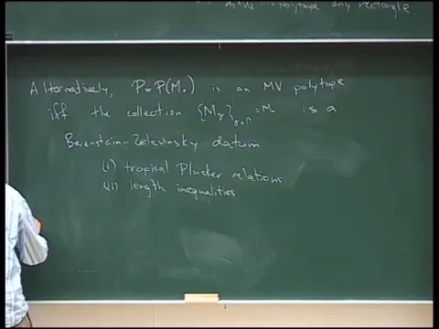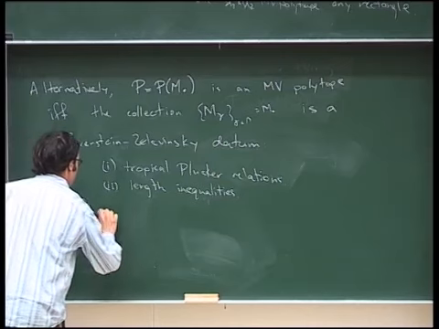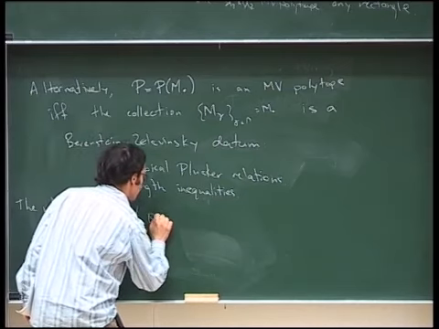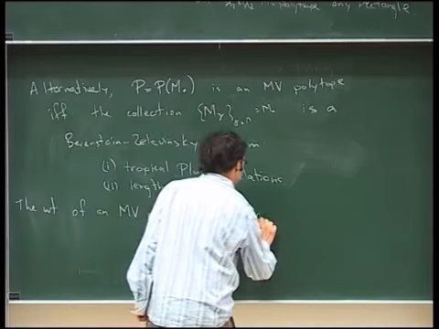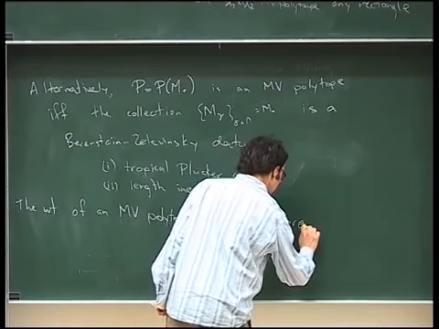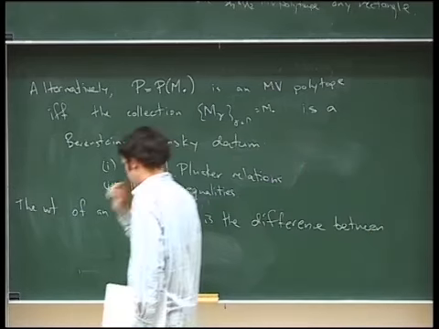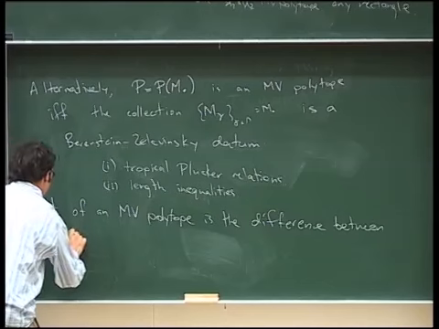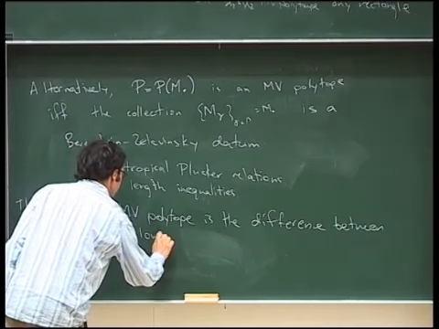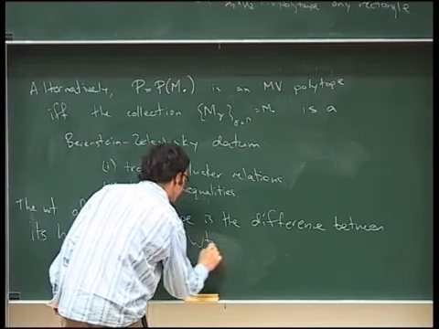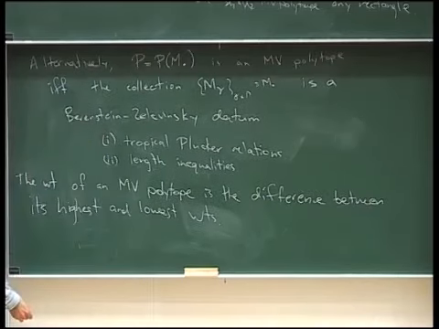Then we can talk about the weight of an MV polytope. The weight of an MV polytope is the difference between its highest and lowest weights. And then we have the following proposition.